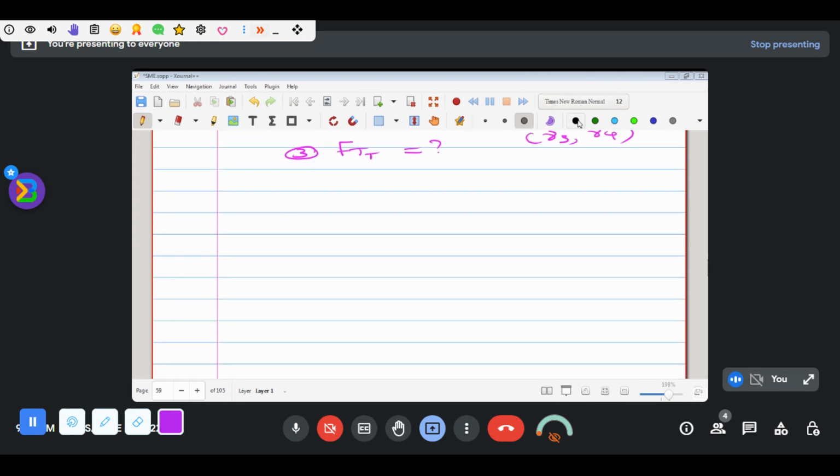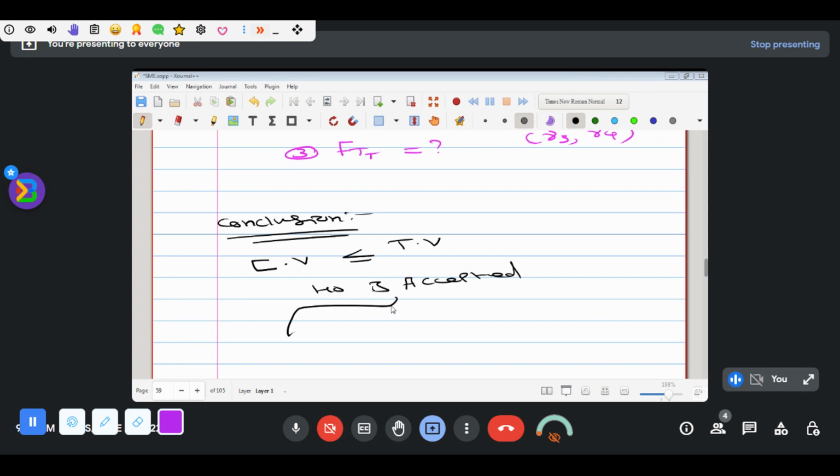You know the conclusion part, same idea. The calculation value should be less than or equal to the table value and H naught is accepted. Otherwise it is rejected. You want to check separately, because three cases are there.